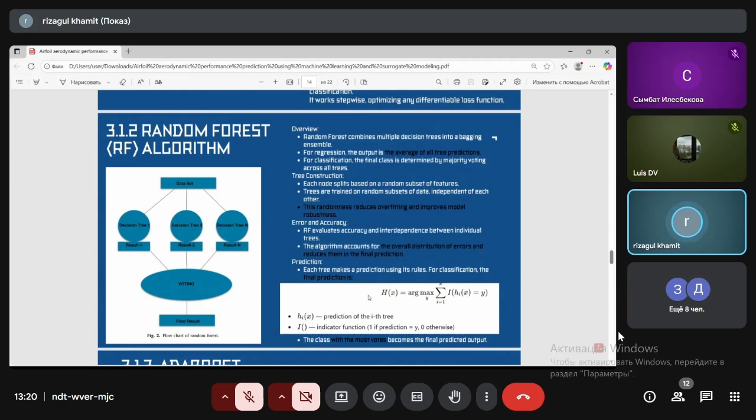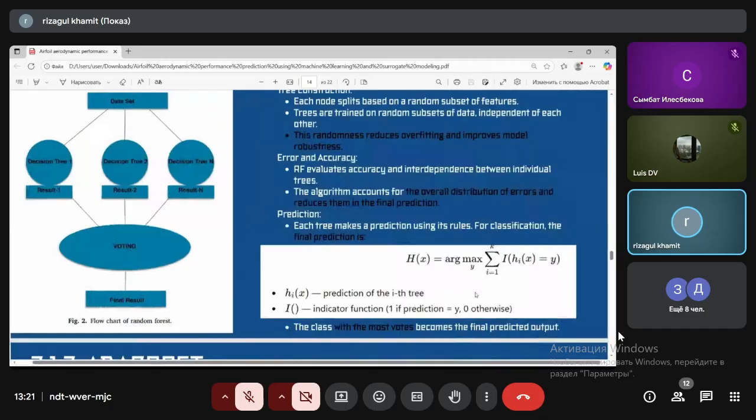For classification, the final prediction looks like this equation, where x is the test sample, hi is a single decision tree, y is the targeted data, and I is the indicator function that leads to the random forest model of large. It's also the classification outcome of each test tree, or the test sample with the maximum number of votes.